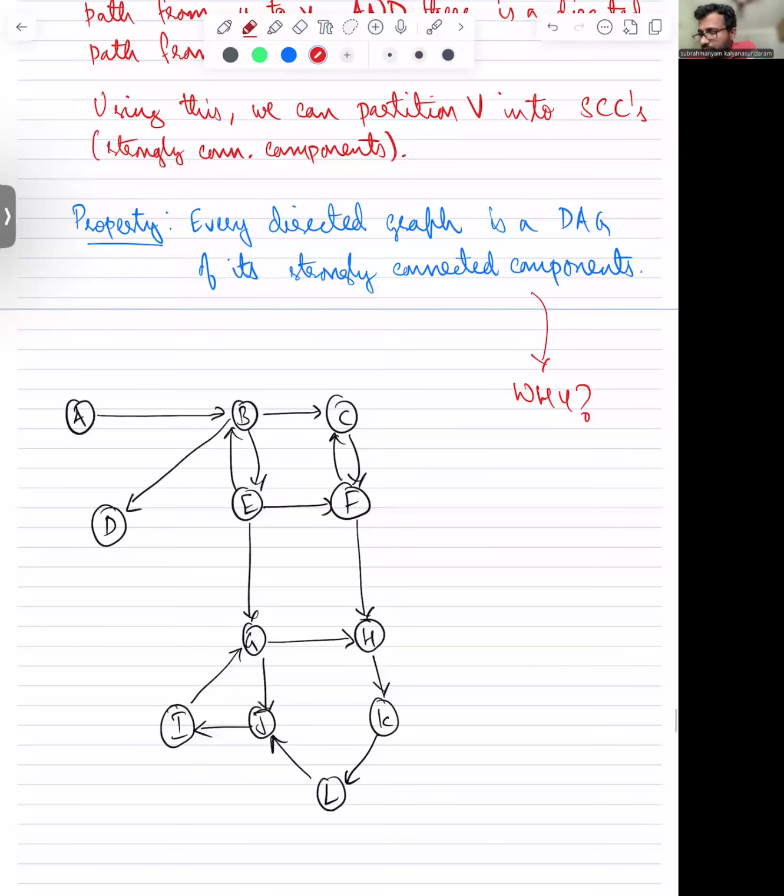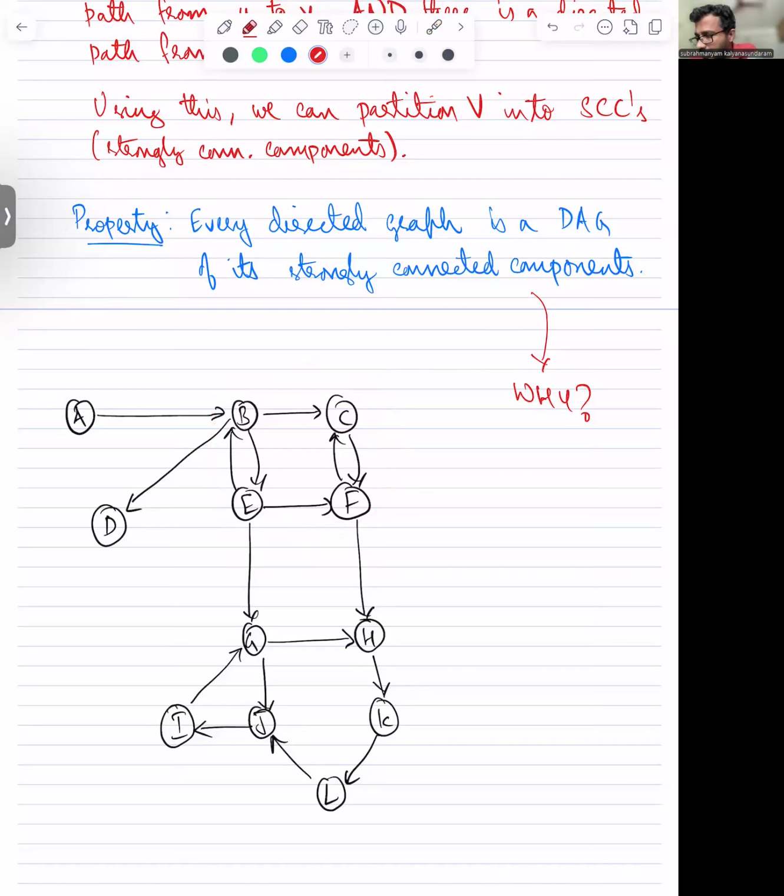Yeah, this is the graph. Tell me any one. BE, and CF. So two components.